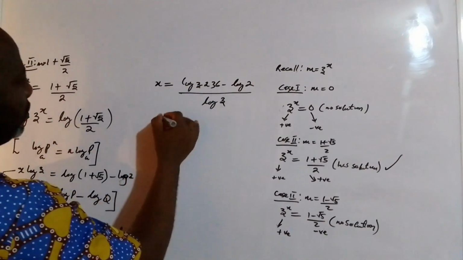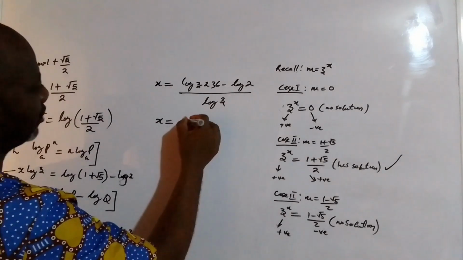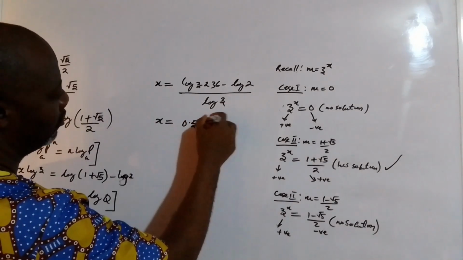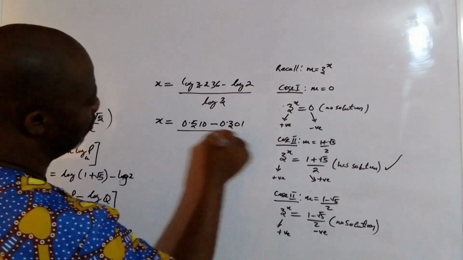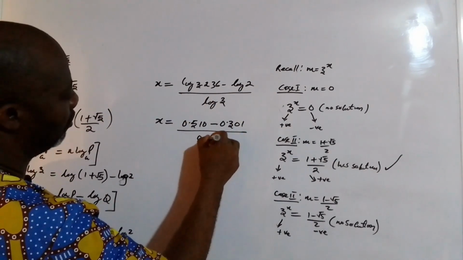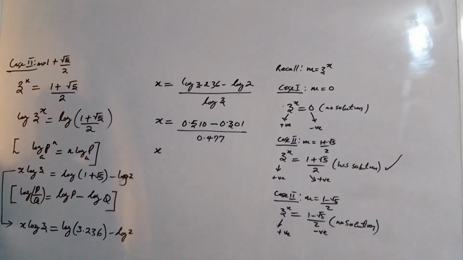Log 3.236 is actually 0.510, minus log 2, which is 0.301, all over log 3, which is 0.477. I've given all the values to 3 decimal places.